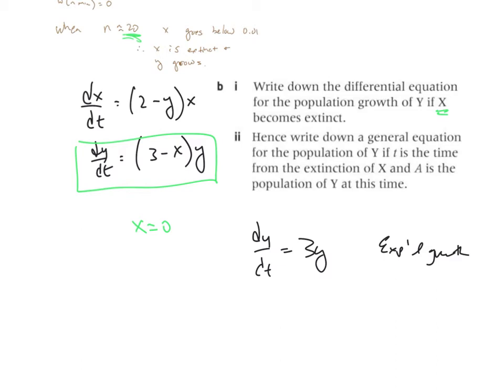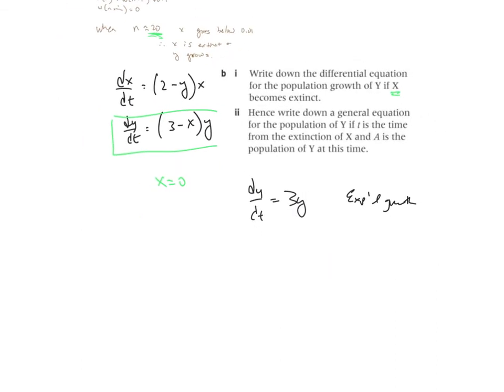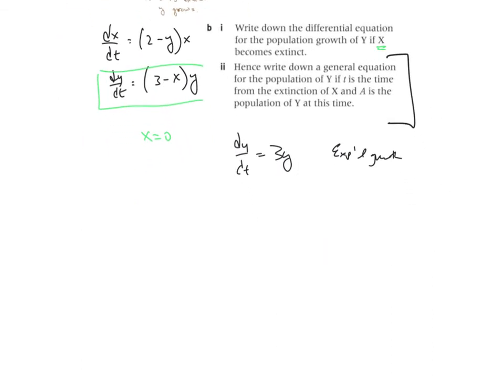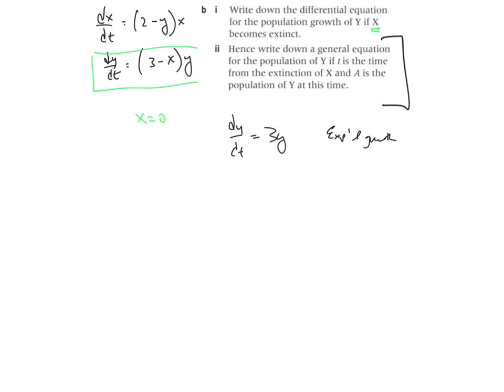And in order to solve that scenario, write down an equation for this. In order to solve that, this is a separable differential equation. So I'm going to divide by y, dy, integral is going to equal 3 dt.